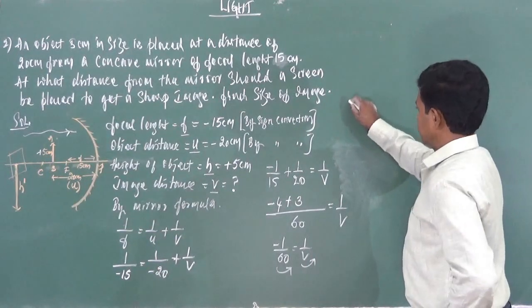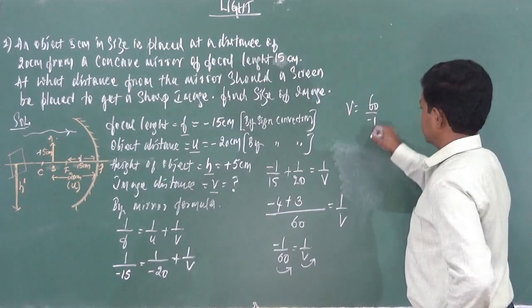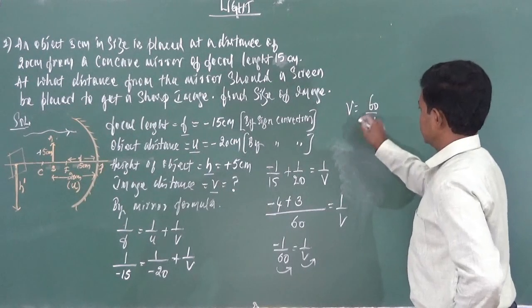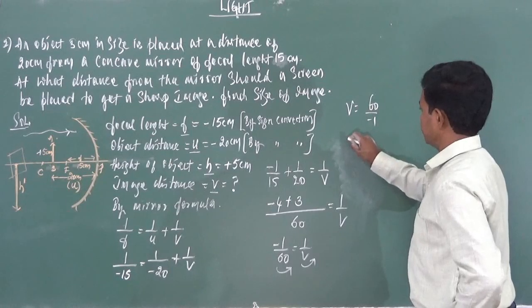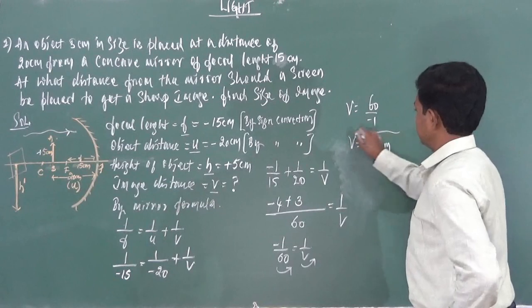So it becomes V is equal to 60 by minus 1. So minus 1, that is negative sign can be transferred to the numerator. So V is equal to minus 60 centimeters.